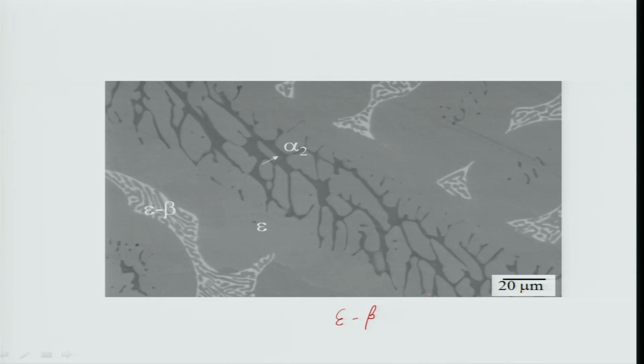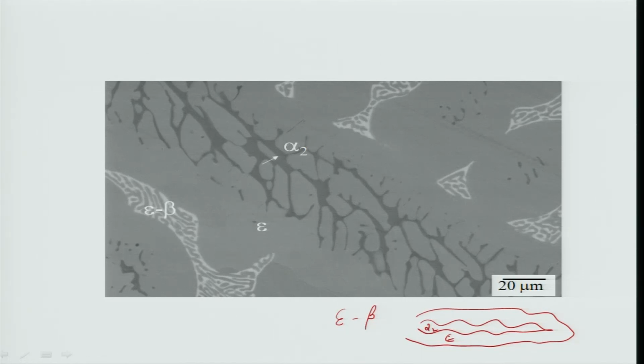You see here that the alpha 2 phase has black contrast, and it is surrounded by this gray contrast phase, epsilon. As you see here, this alpha 2 phase remains, it does not transform fully by the reaction, okay, and this one is the epsilon phase, correct.